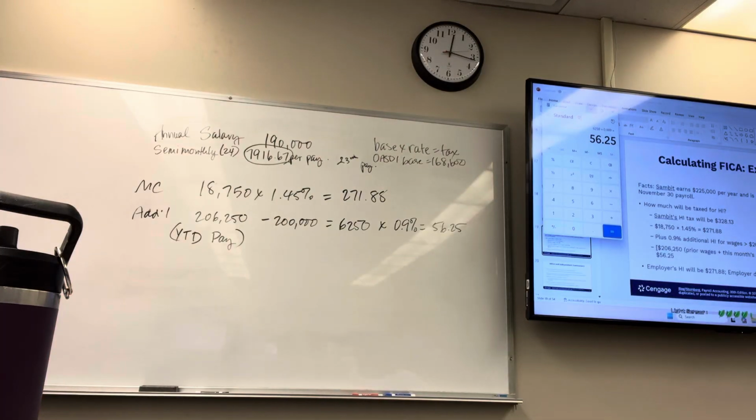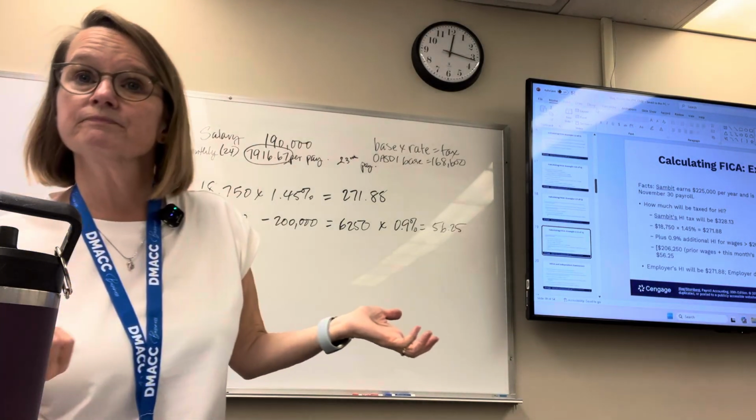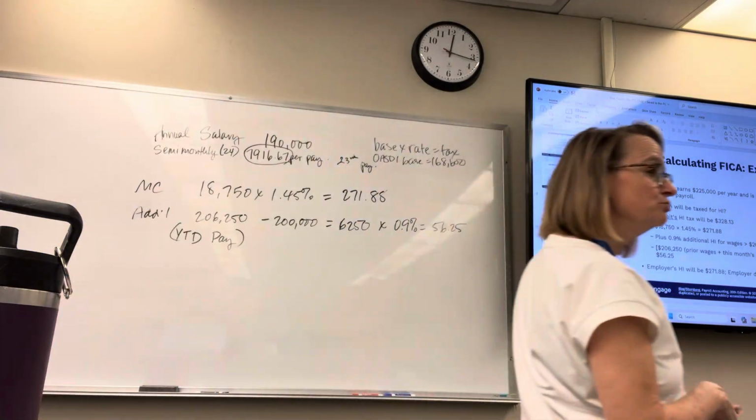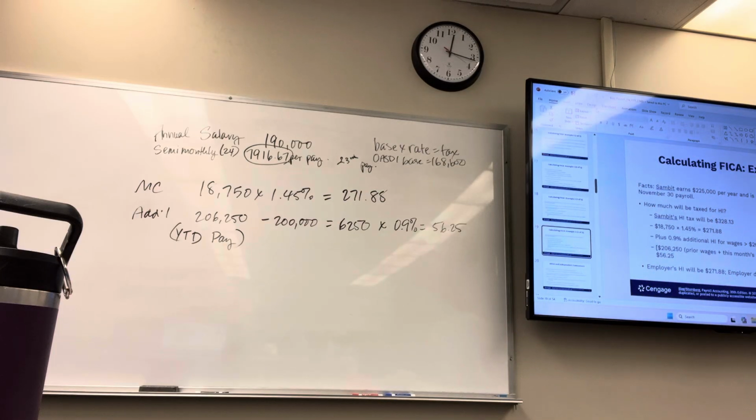So there are people, of course, that have multiple jobs. If you have 2 W-2 jobs, each employer is going to treat it as though that's your only job. So they're going to withhold based on all of the income you earned from them. So if you have one job where you're making $100,000, and then maybe you switch jobs during the year, and you make another $100,000 at your second employer, both employers are going to tax in full $100,000.